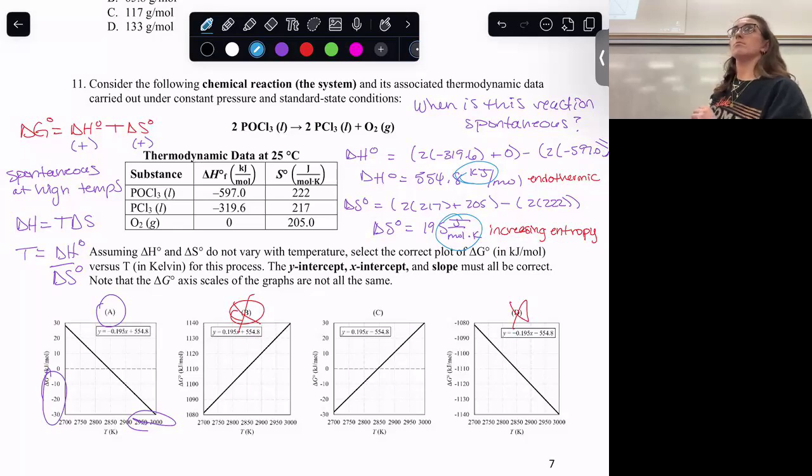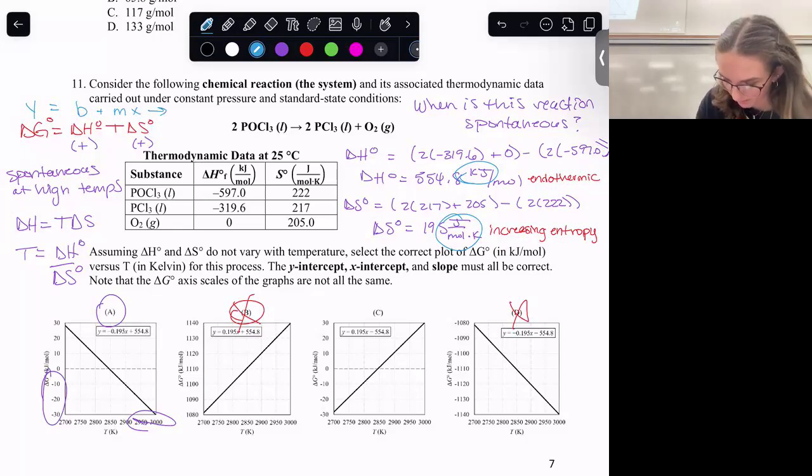If you have a linear equation, it always works out that if you rearrange it, you can just plug into the delta H minus T delta S, and the numbers are the same. X is the temperature. Yep. So this is Y equals MX plus B. Right, that's what that is.